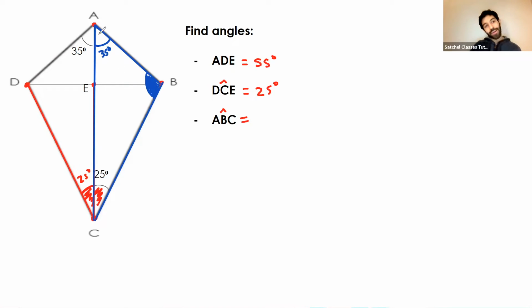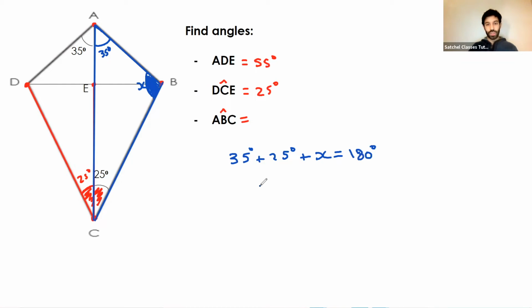So now what we have is a triangle which has one angle which is 35 degrees, another angle is 25 degrees, and this angle is therefore going to be, well, we can use what we know about our triangle facts. So 35 degrees plus 25 degrees plus this blue angle here, which I'll call X, is going to be equal to 180 degrees.